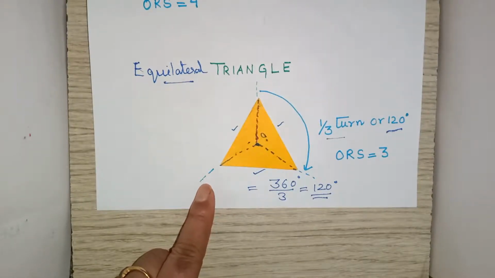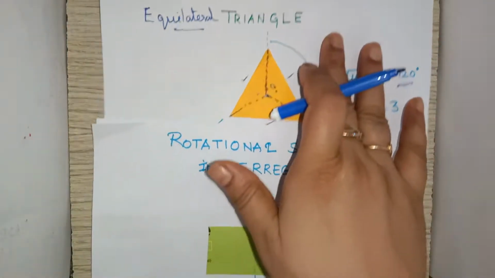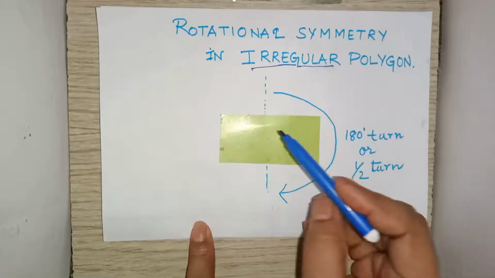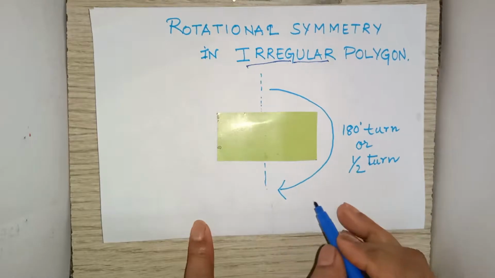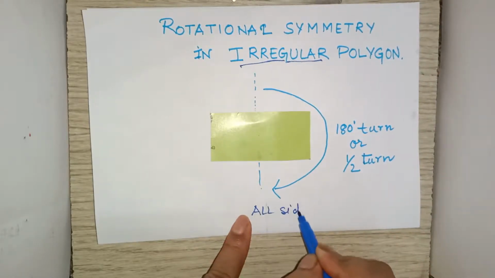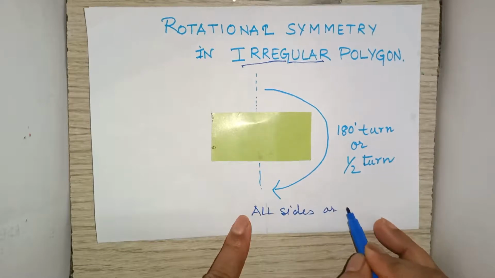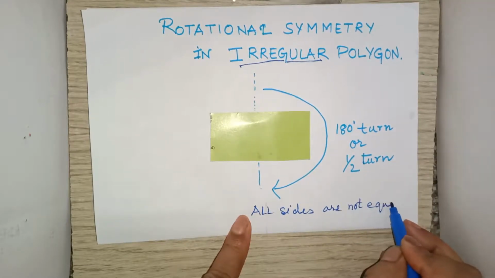Next is one irregular shape, that is the rectangle. I am going to explain this irregular shape here. Now in this polygon children, its opposite sides are equal, but all sides are not equal. So this is your irregular polygon.